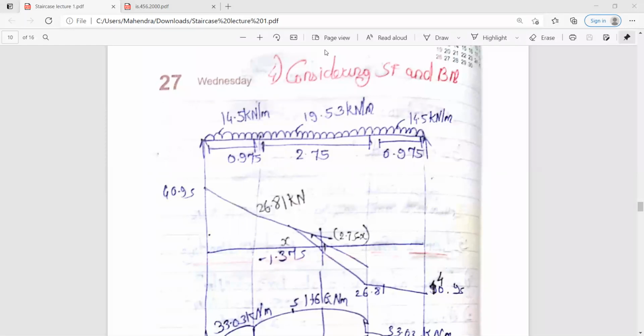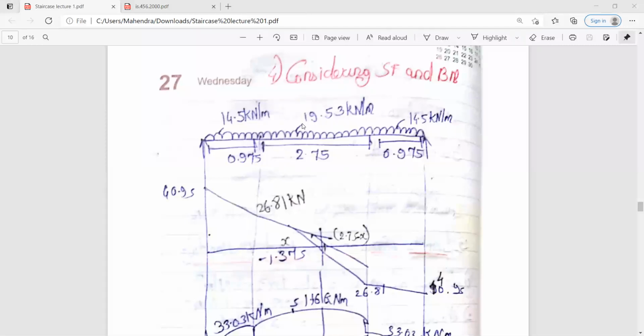So yesterday we had done the calculations for the flight as well as for landing and mid landing. Now proceeding for step number 4, that is we need to calculate the shear force and bending moment. As you can see over here, we had drawn one beam and on the entire beam the UDL is acting.